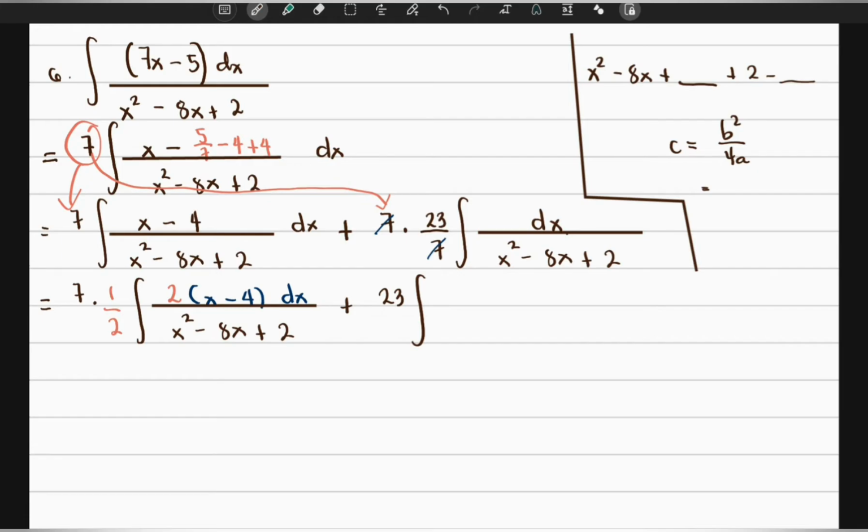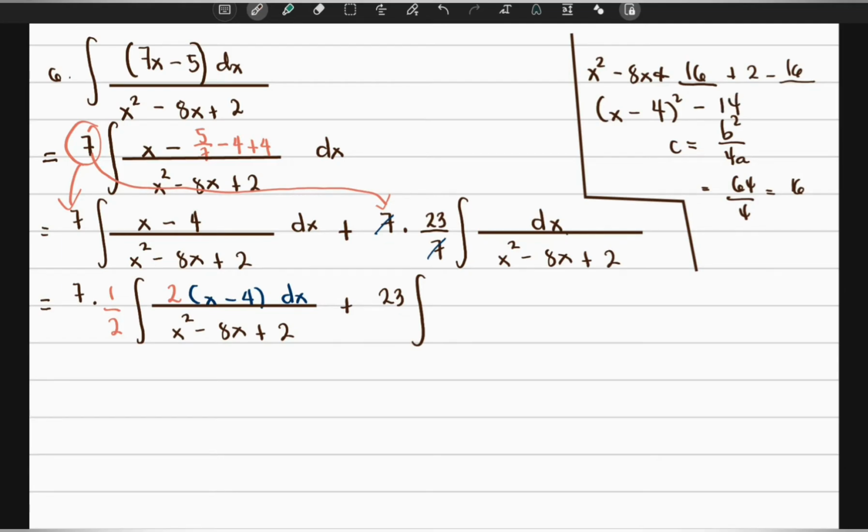Ayan yung pang-complete dito. Laging positive, guys, itong part na to. Okay, we have here negative 8 squared. We have 64 over 4 times 1. So, that is 16. So, 16 minus 16. So, this will become x minus 4 quantity square. Tapos, ito minus 14.